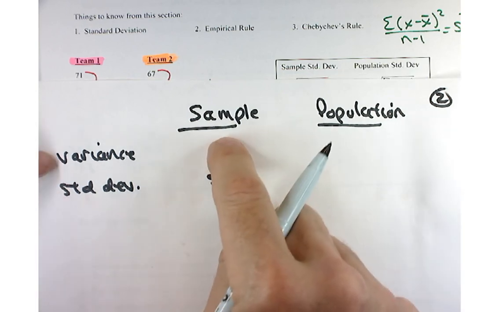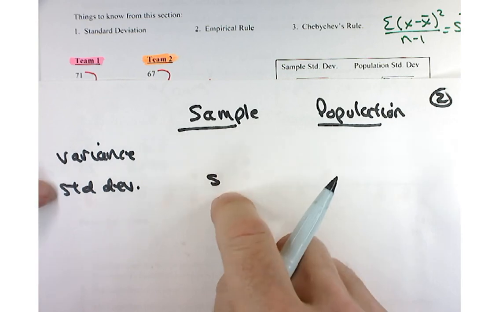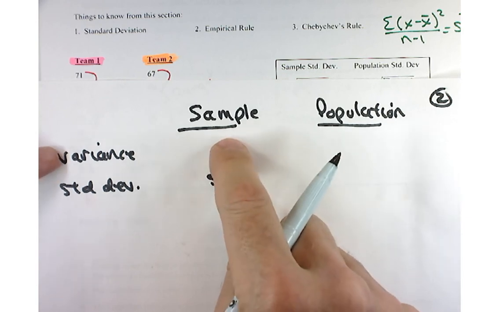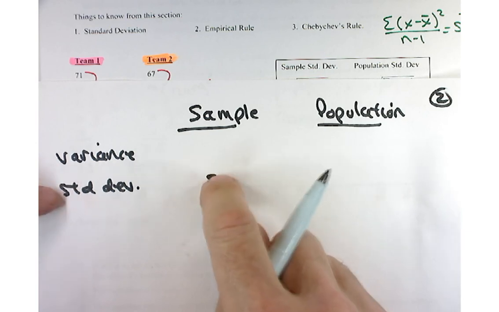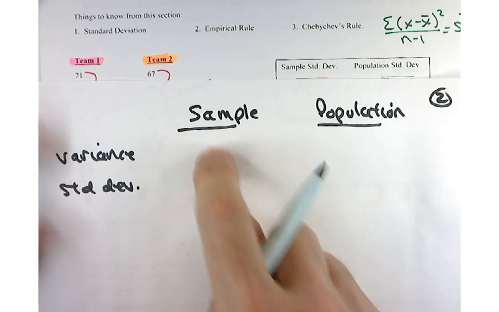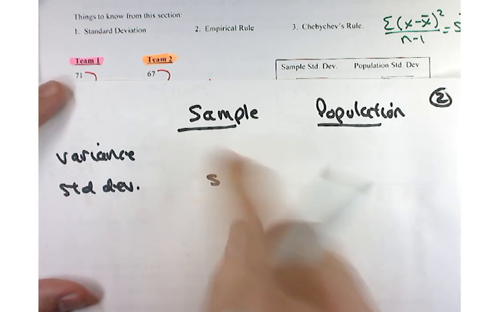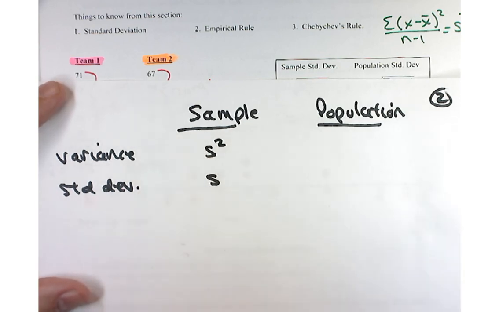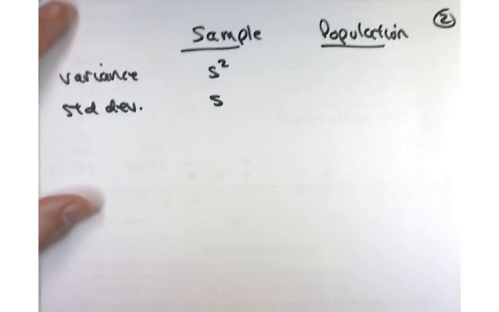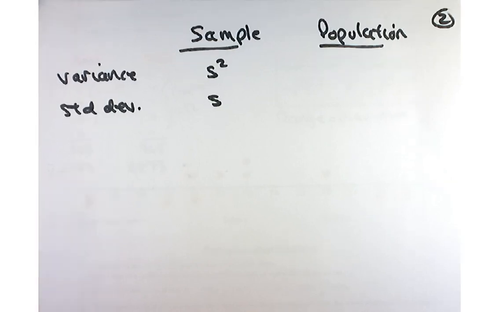But you might remember how we went from variance to standard deviation. We took the square root of this to get this. To go the other way, to go from standard deviation to variance, what do you think I need to do to get from here to here? Yeah, I need to square it. And in a similar way, when you're dealing with population data, you have to conduct a census.